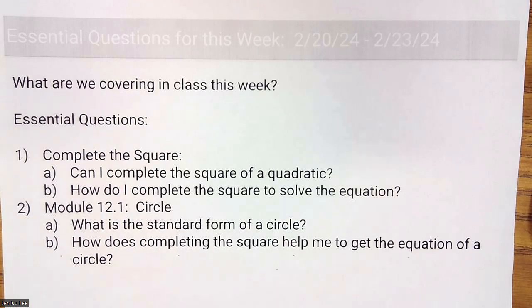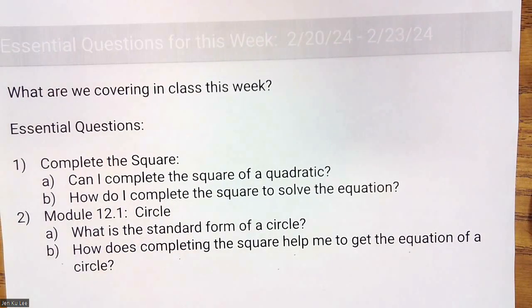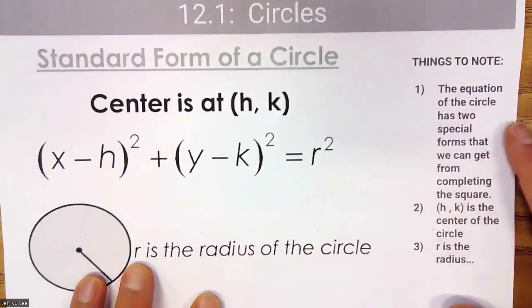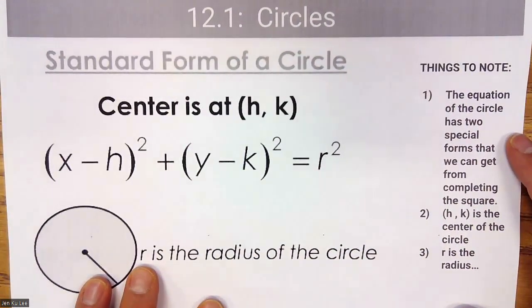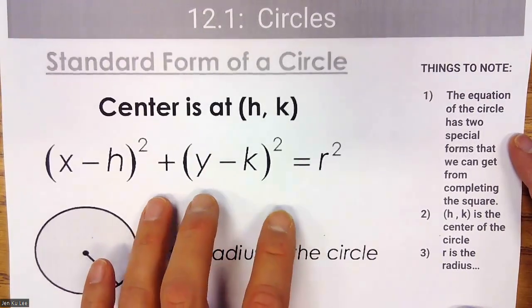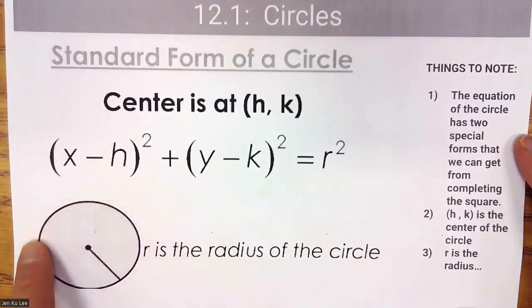Okay, so I'm going to give you guys the circle formula. Okay, so here is the circle formula. Center, remember, is going to be at h comma k. So I apologize for the picture here.